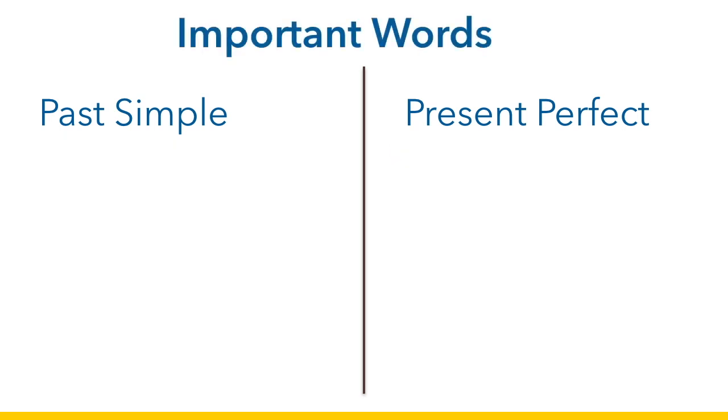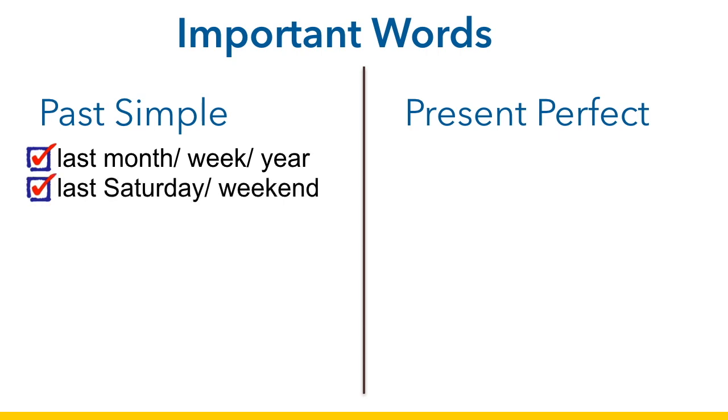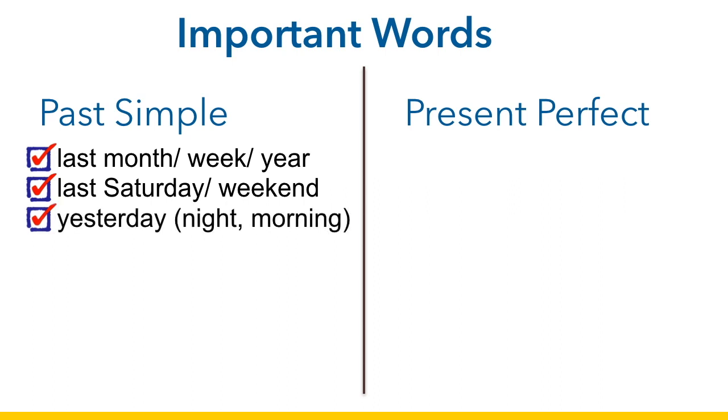There are some important words that will help us to know when to use the past simple and when to use the present perfect. With words like last month, last week, last year, last Saturday, last weekend, or yesterday, yesterday night, yesterday morning, and of course, when, we use the past simple.